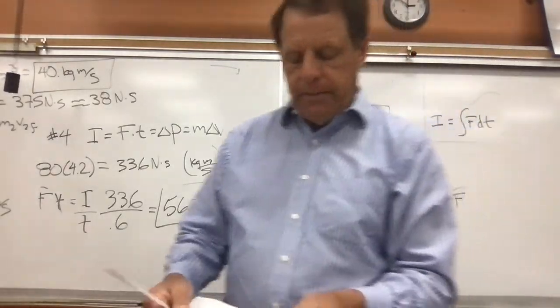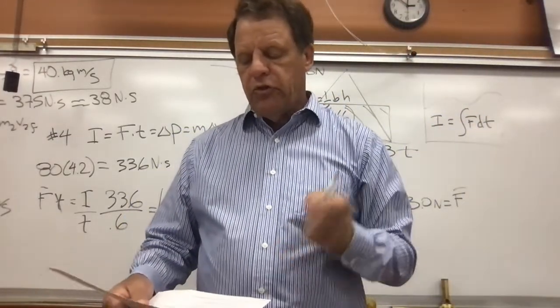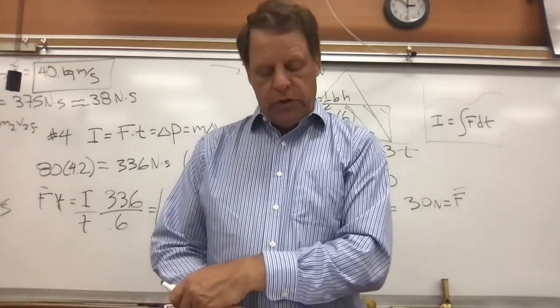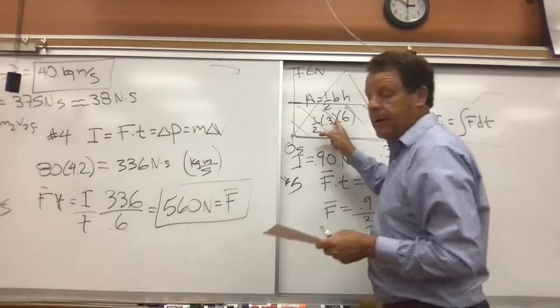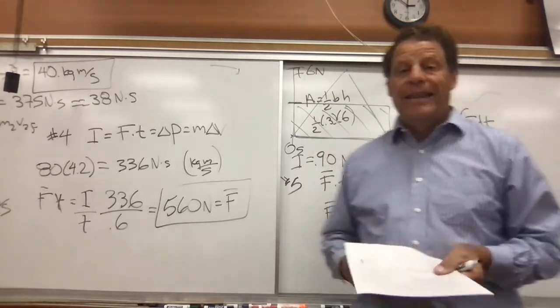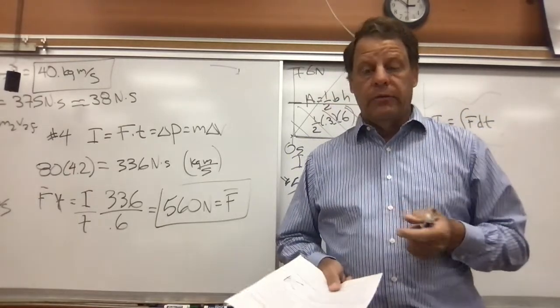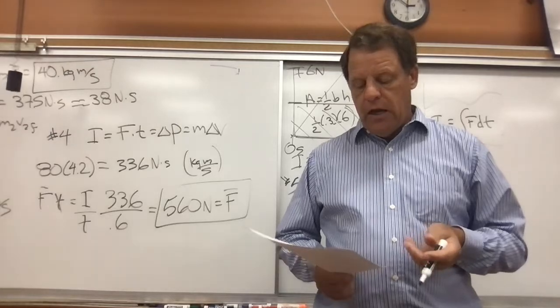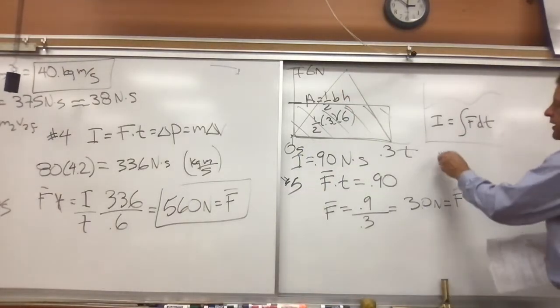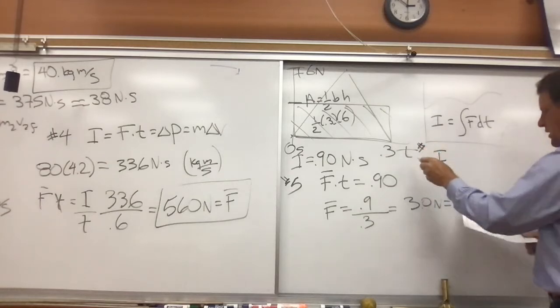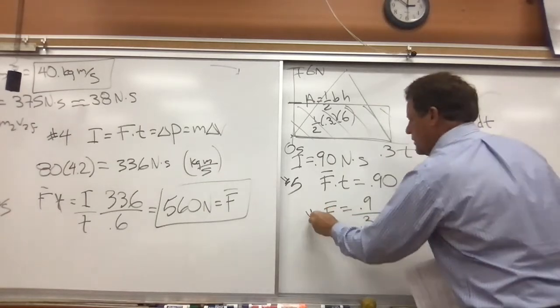All right, and number 7, if a racquetball with an initial speed of negative 1.2 meters per second is going to experience that impulse, that force times time, then what is the final velocity? So now we're going to take this impulse. This is number 7.